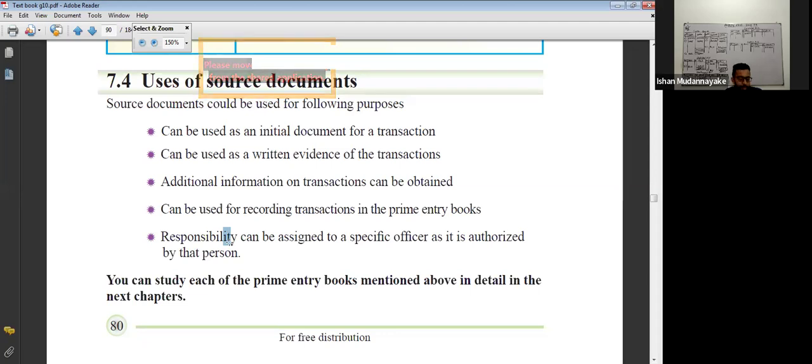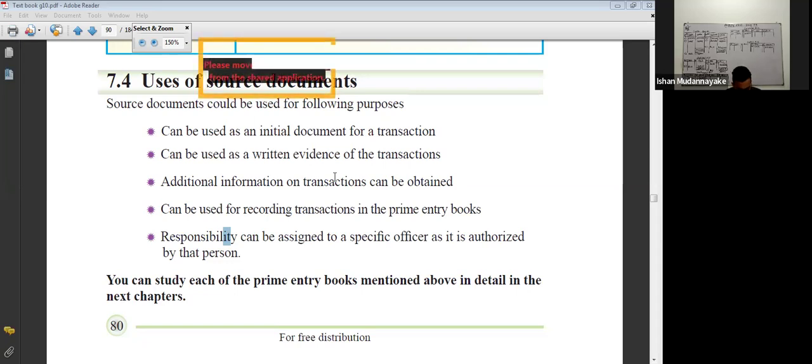Therefore, if something has happened with the source document, we can transfer the responsibility to the relevant person.